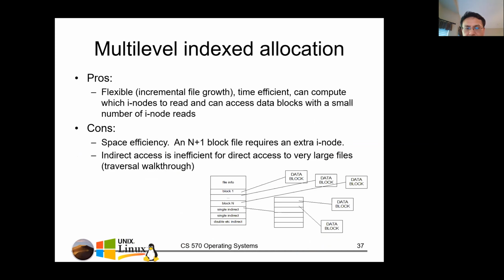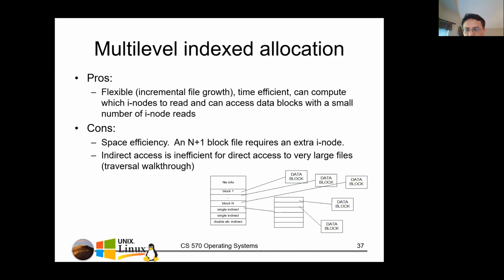This is a very flexible design, so it accommodates incremental file growth very well, right? And if you assess this scheme by the performance of sequential and direct access, it can be efficient, because you can compute which inodes to read, and you can access data blocks with a small number of inode reads.